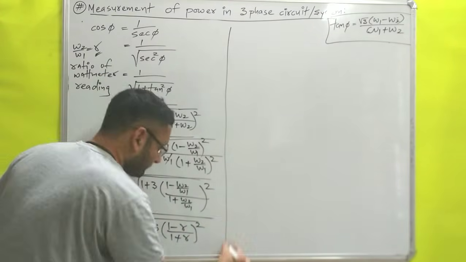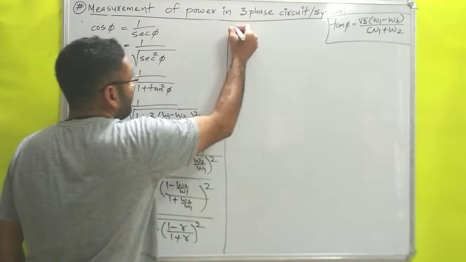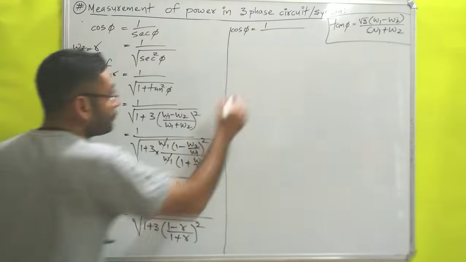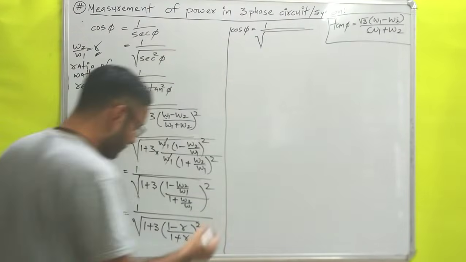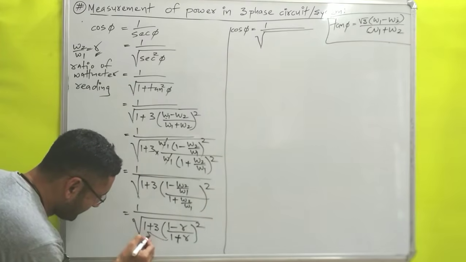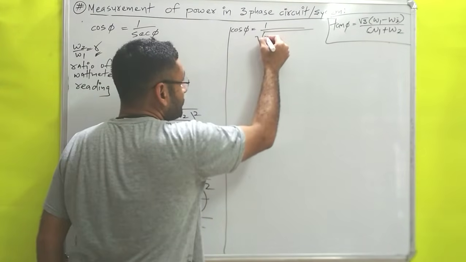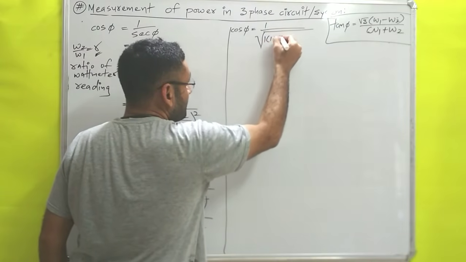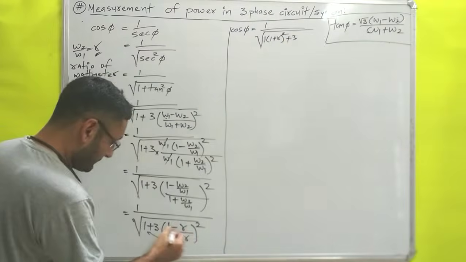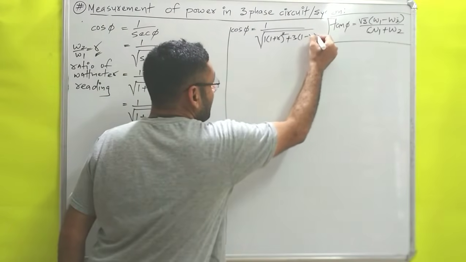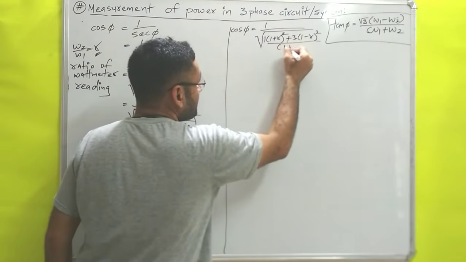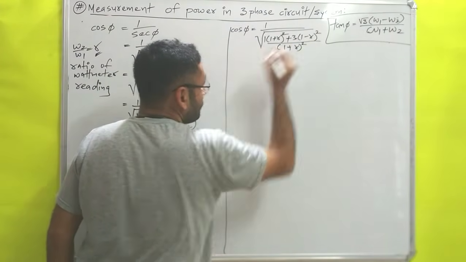Come over here. Next we are talking about cos phi, which equals 1 divided by root of. Now we will take the LCM as 1 plus r whole square, so into the bracket 1 into (1 plus r) square plus 3 (1 minus r) whole square, divided by the LCM, (1 plus r) whole square.